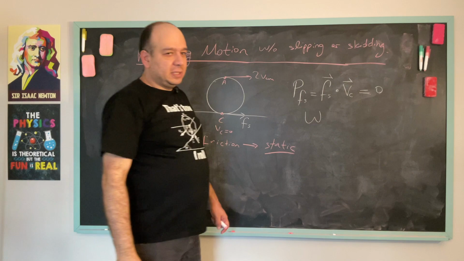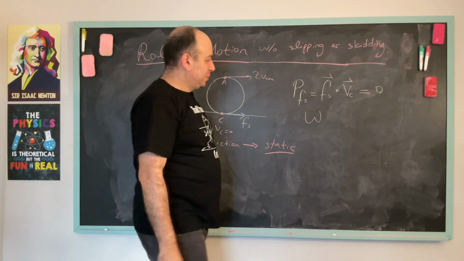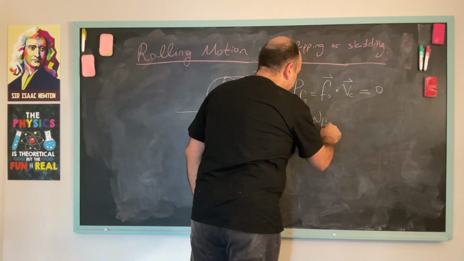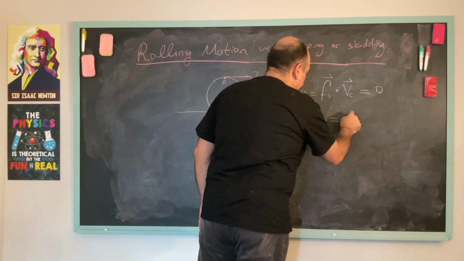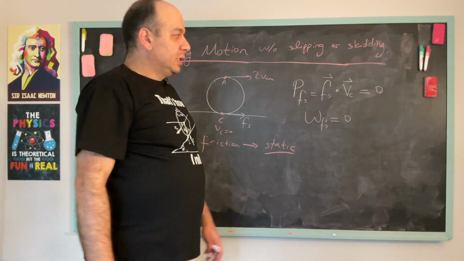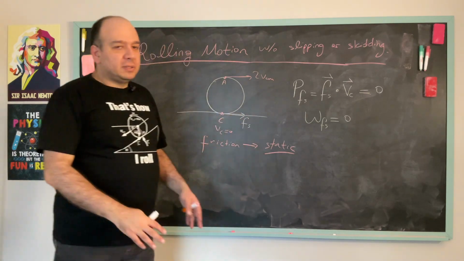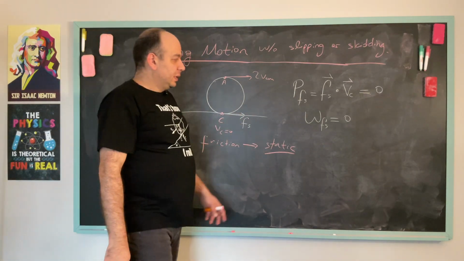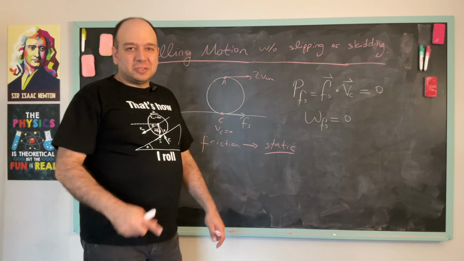This helps us conclude that the work done by static friction force is always equal to 0. It does no work. So in problems where there are no other external forces, we can always use the conservation of energy.